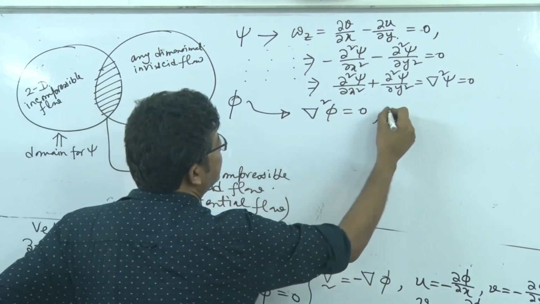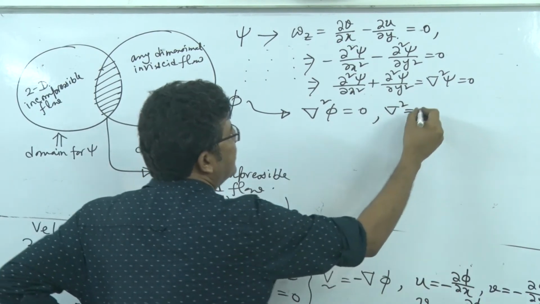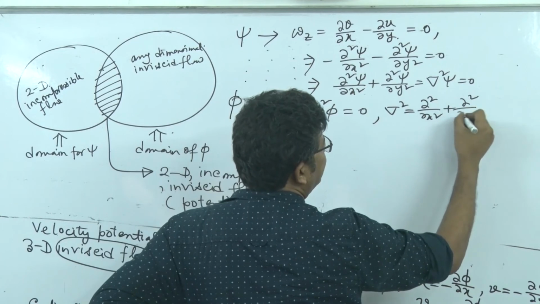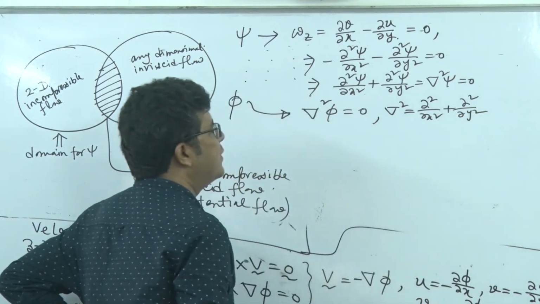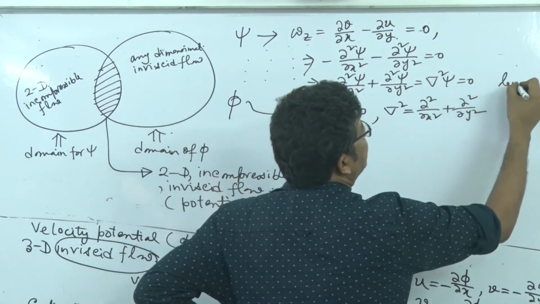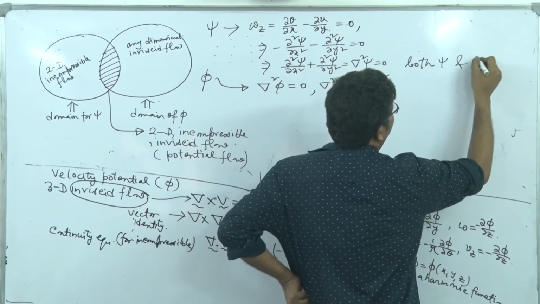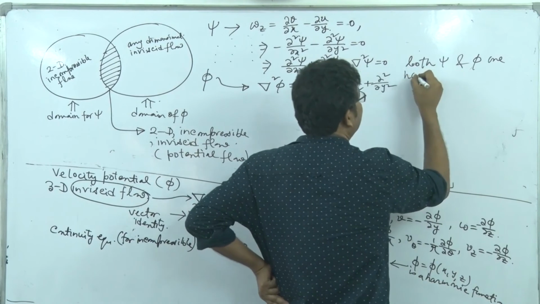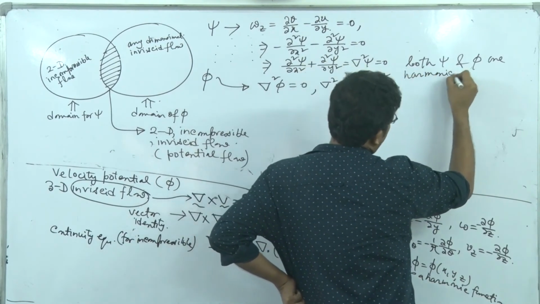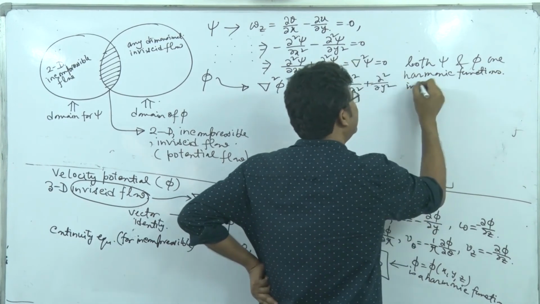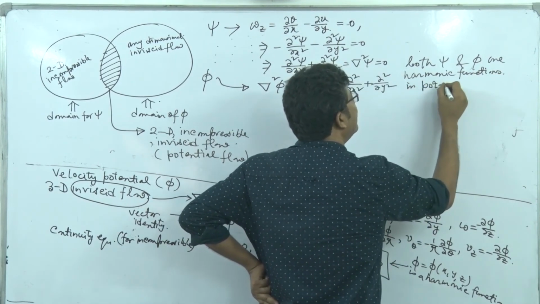And here this grad square is del square del x square plus del square del y square. So you see both xi and phi are harmonic functions in potential flow.